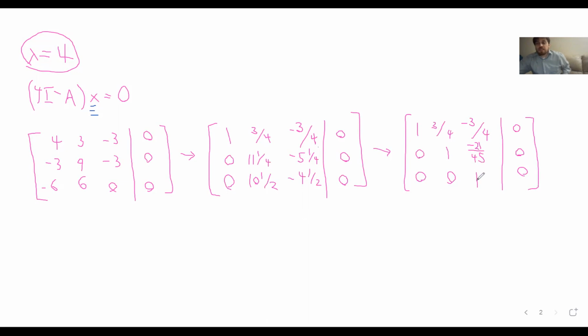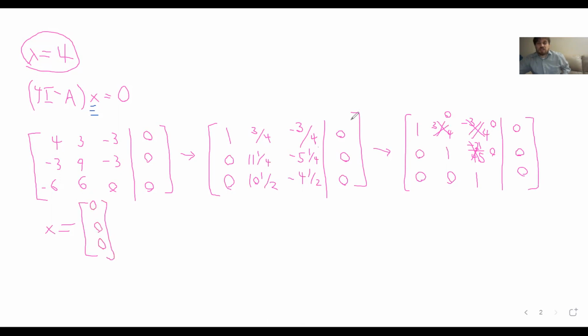Now that this corresponds to the pivot, I can add suitable multiples of this to the things above it to make these 0. So this can be a 0, and this can become a 0. And I can take this thing and add it to here and make this a 0. And so now I get the identity matrix here. So the only solution is x equal to 0, 0, 0.